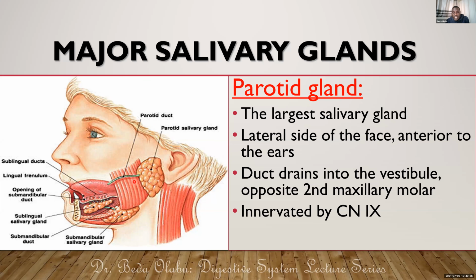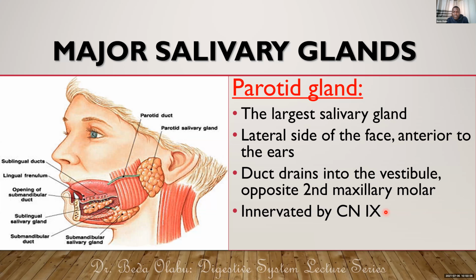The parotid gland is primarily innervated by the glossopharyngeal nerve, albeit the facial nerve is the one that passes through the parotid gland. The facial nerve does not really supply the parotid gland for secretion. For this gland to secrete saliva, it requires stimulation by the glossopharyngeal nerve, and this innervation is primarily parasympathetic.